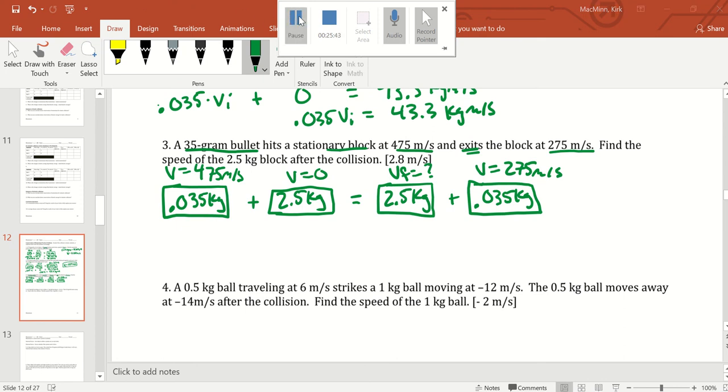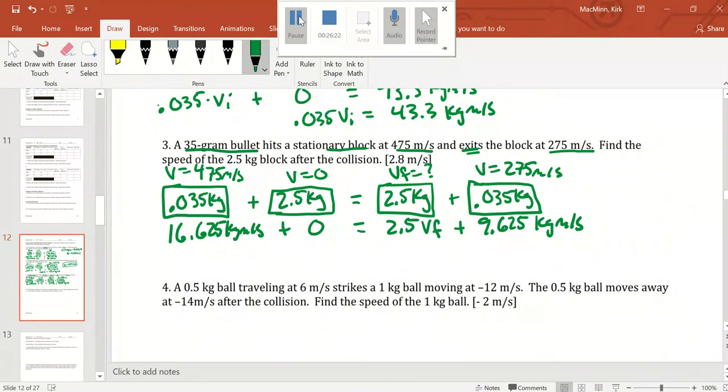So we plug that into our calculator, and we get 0.035 kilograms times 475 is 16.625 kilogram meters per second, plus 2.5 kilograms times 0 is 0 kilogram meters per second, equals 2.5 times the unknown final velocity of the wooden block, plus 0.035 kilograms times 275 meters per second is 9.625 kilogram meters per second.